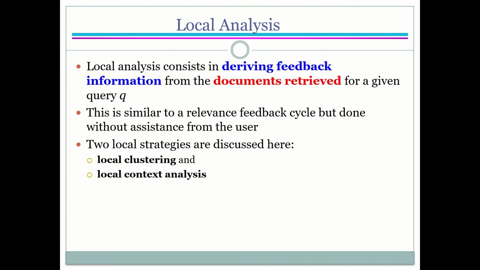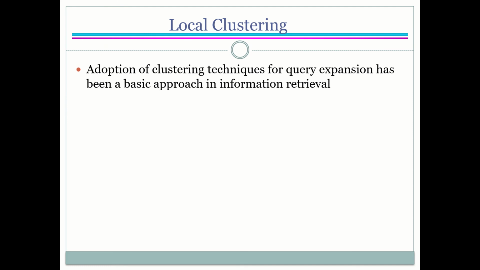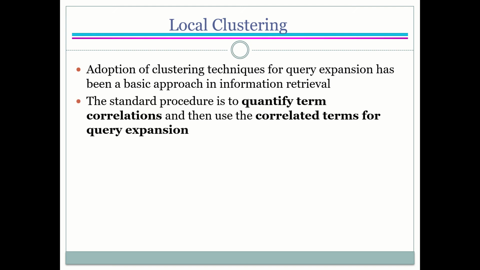So we have two types of local strategies. They are called local clustering and local context analysis. For local clustering, we adopt the clustering technique for query expansion, in which we quantify the term correlation and use the correlated terms to expand the query.